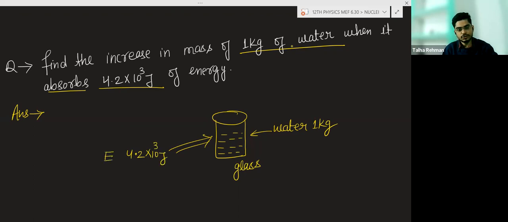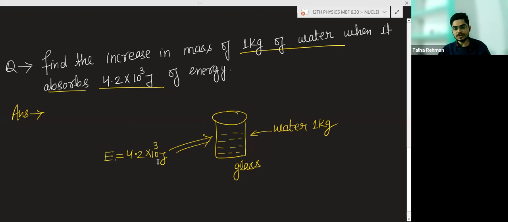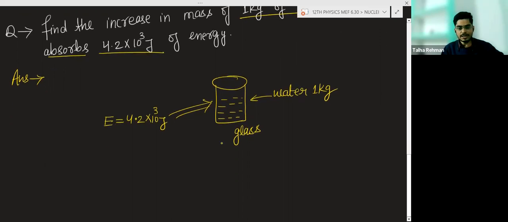This much energy you have given, and according to Einstein, if you are giving energy to any mass or matter, the mass of that matter will increase, and the increase in mass is given by energy given divided by c square, where c is the speed of light.